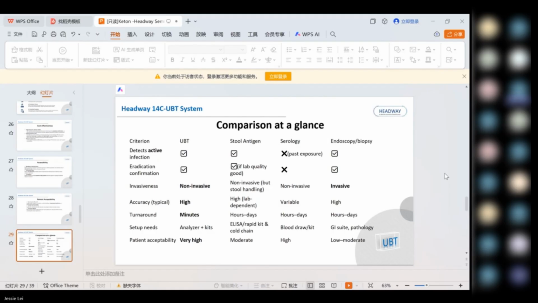The next question is from Kimitei. What are the current first-line diagnostic methods for H. pylori, and how effective is the urea breath test compared to other non-invasive tests like stool H. pylori antigen and serum H. pylori antibody tests? Do you want to handle that?